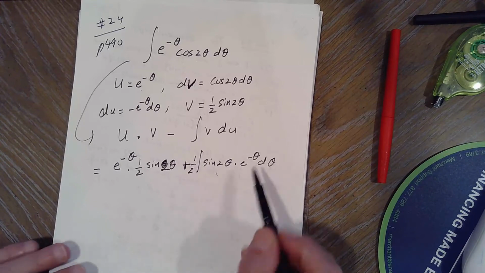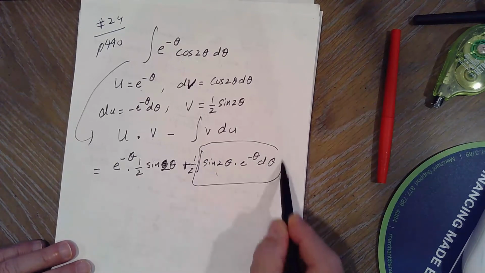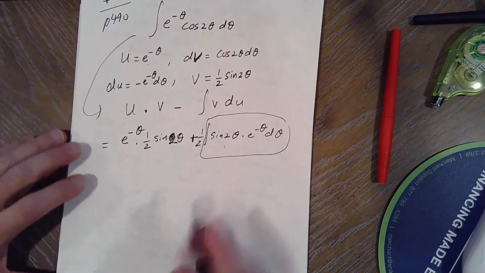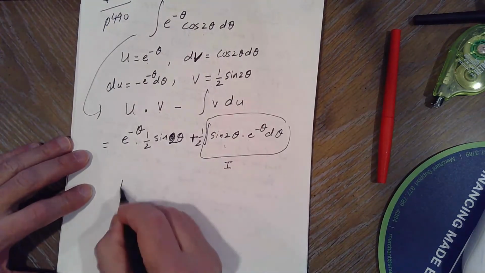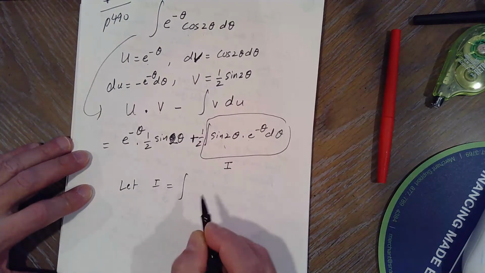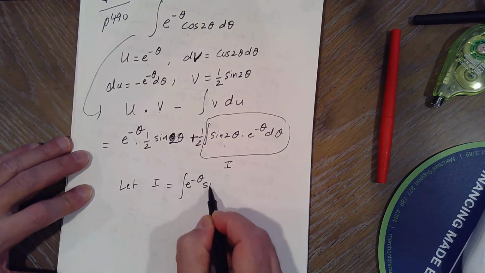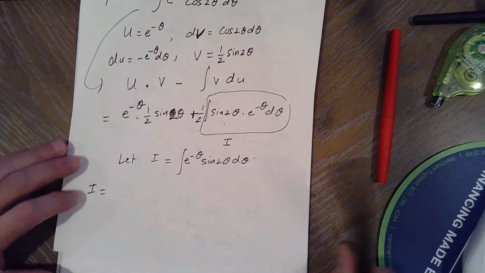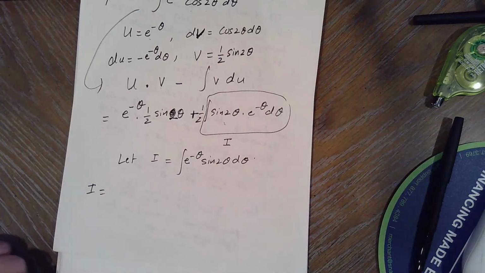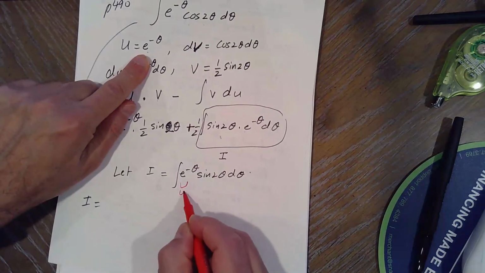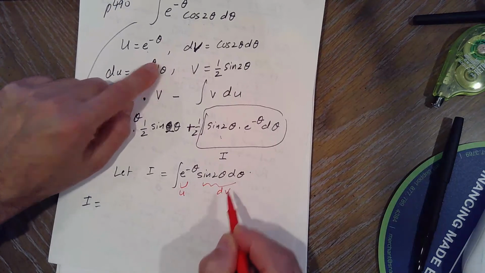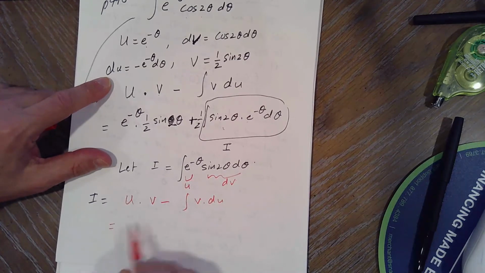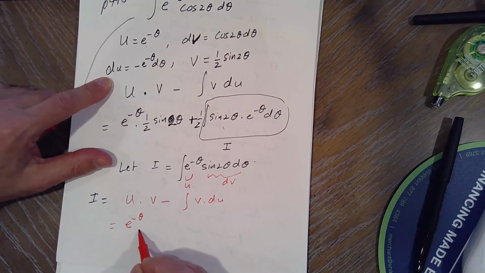Okay, so if we do integration by parts on this, it's going to give us that, and then we might be able to move it over. So let's call this I. Let I equal integral of e to the negative theta sine 2 theta d theta. We're going to do integration by parts again. Same thing, u and then dv. So u times v minus integral of v du. U is e to the negative theta.